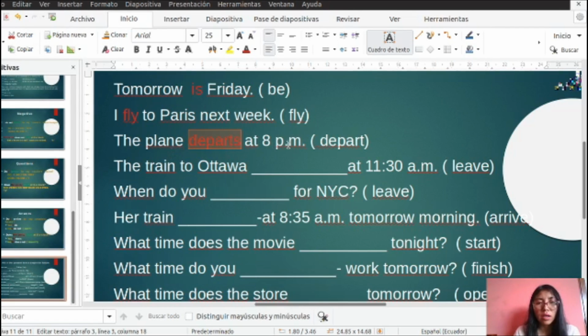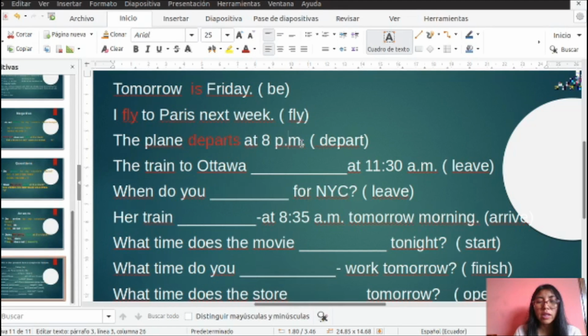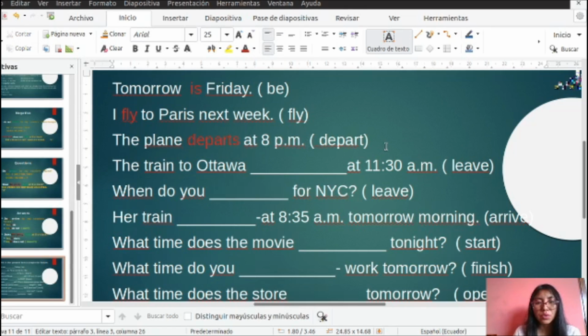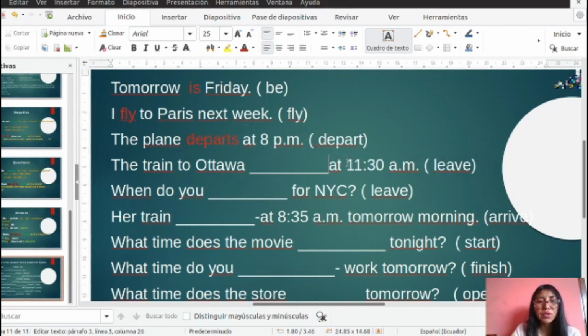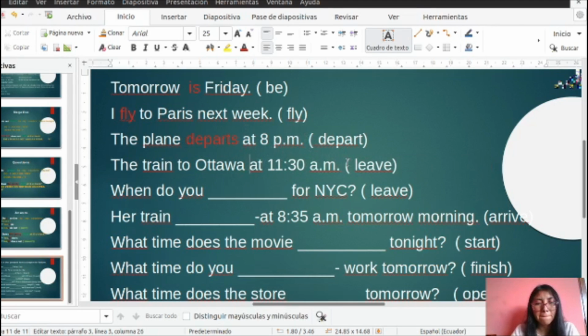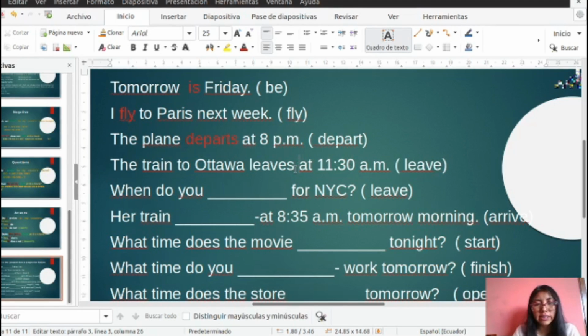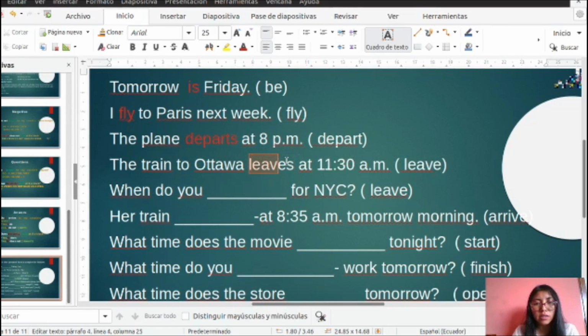Okay, the plane departs at 8 p.m. Okay, there is a timetable use, because I have a specific point in the future. Okay, in this case the train to Ottawa leaves. Okay, that is the same. I am speaking about the train, so that is third singular person.